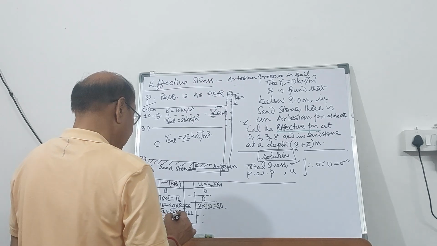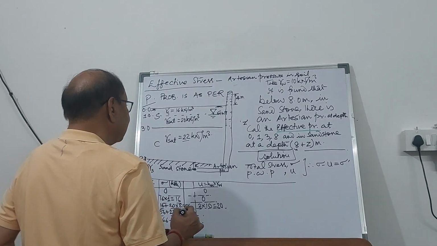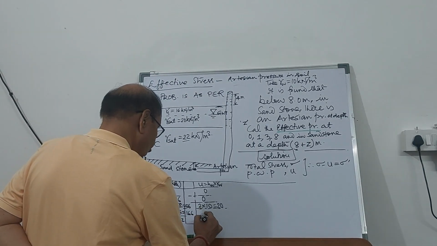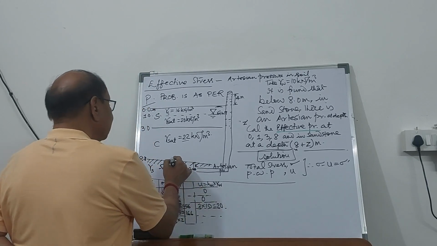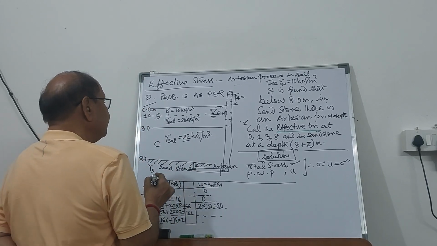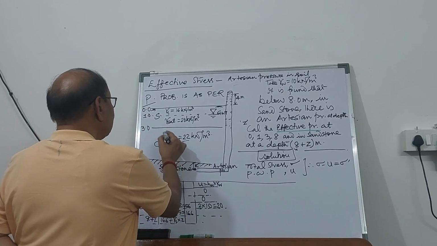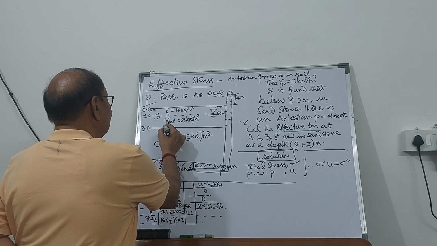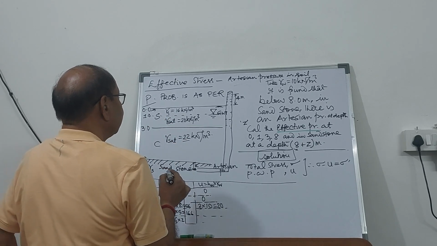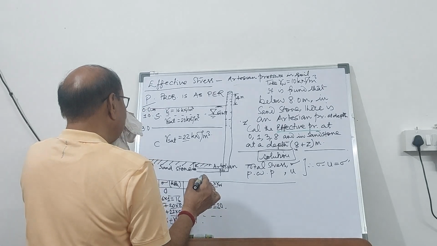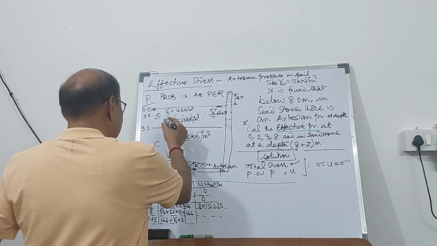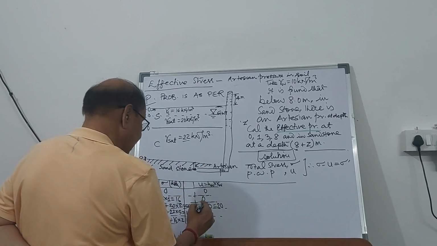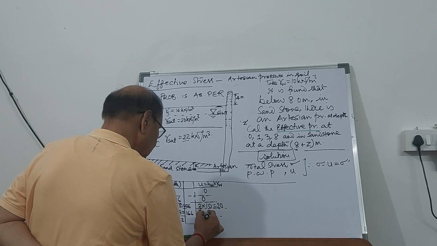Then if you go to 8 meter, the water will rise in the standpipe by a distance of 5 plus 2, that is 7 meter. So from 1 meter to 8 meter, that is 7 meter into 10.